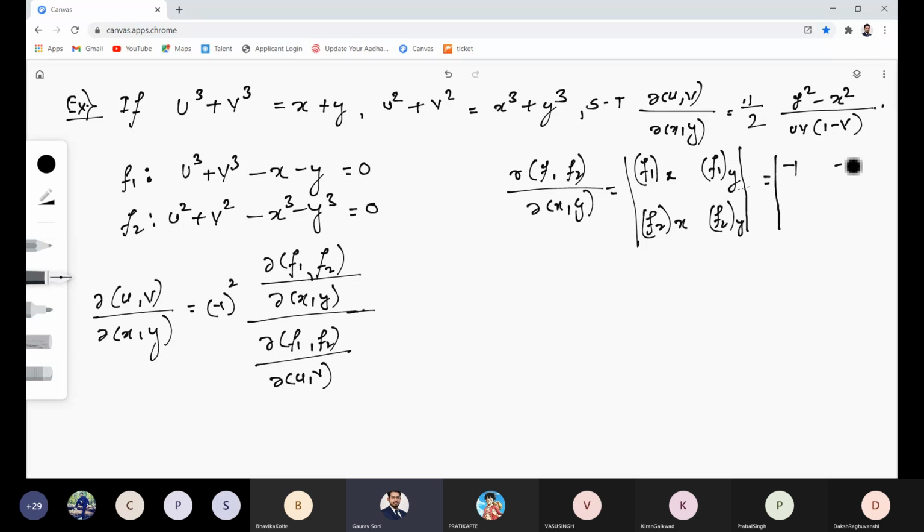F1 with respect to y is minus 1. F2 with respect to x is minus 3x square. With respect to y is minus 3y square. So numerator is equal to 3y square minus 3x square, so 3 in bracket y square minus x square.